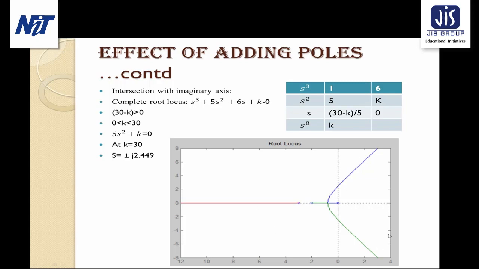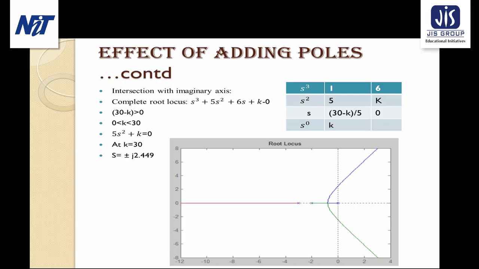So this is the complete root locus. Here we can see there are 3 poles: 0, -2 and -3. From -3, the root locus branch goes to infinity by following the 180 degree asymptote, and for these two, both meet at the breakaway point, and after the breakaway point, both terminate at infinity by following the asymptotic angles and cut the imaginary axis at plus minus j2.449.